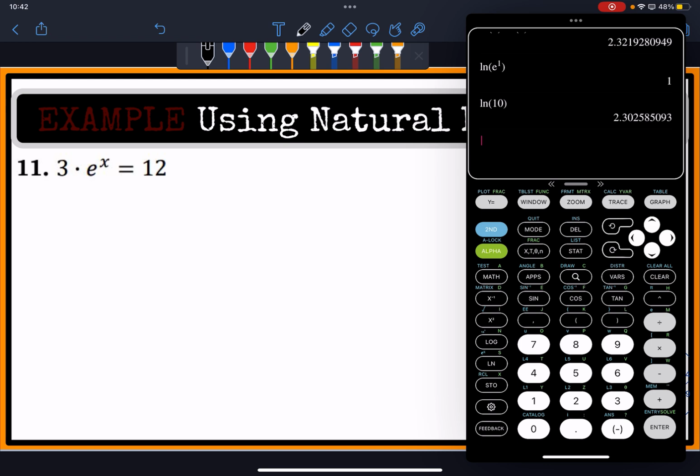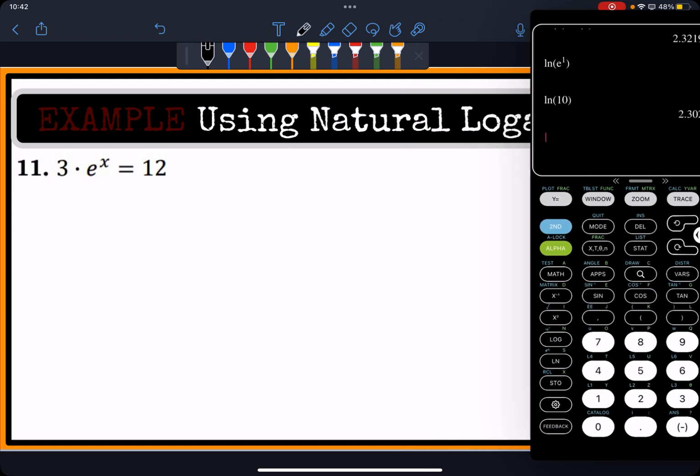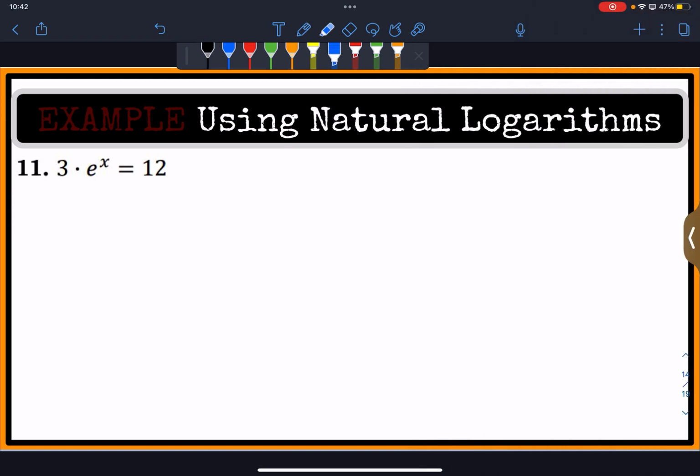Let's say that our exponential expression is not isolated. So look, here we have our exponent, here's our base, but it's not isolated. Notice that we're multiplying e to the x by 3. So the first thing we need to do is get rid of that multiplication and divide by 3. So e to the x equals 4. And now, with our exponential expression isolated, we can now take the natural log of both sides.